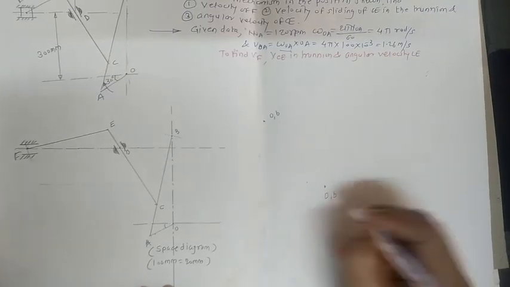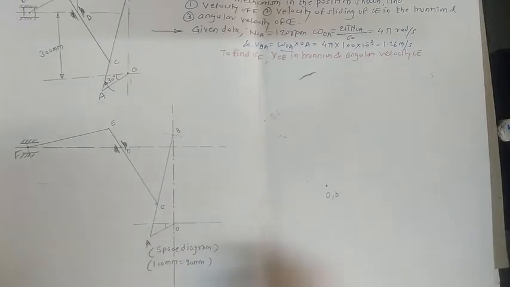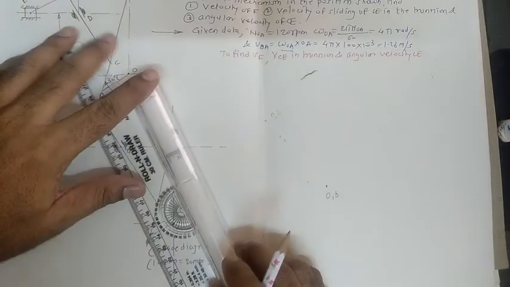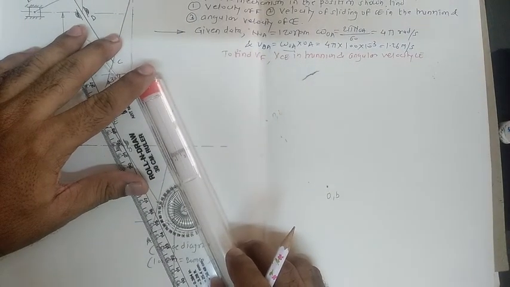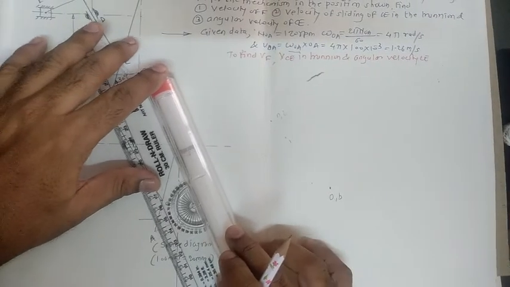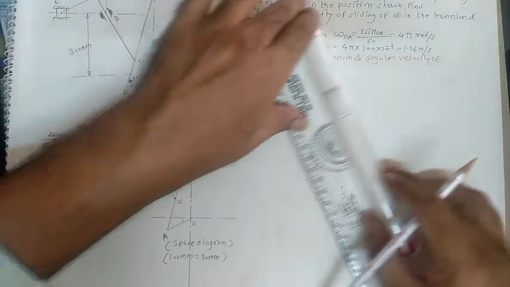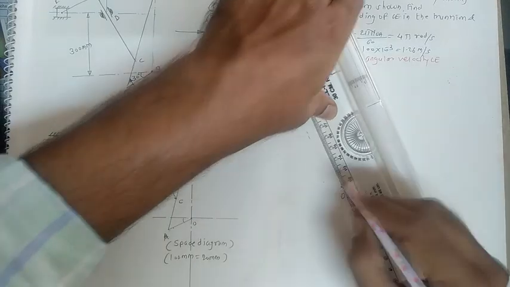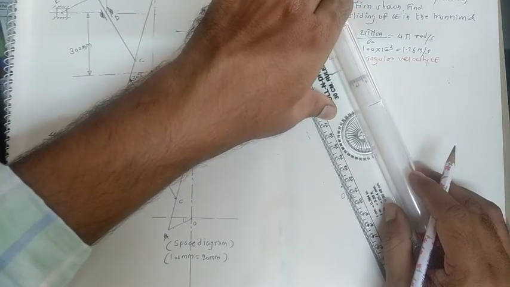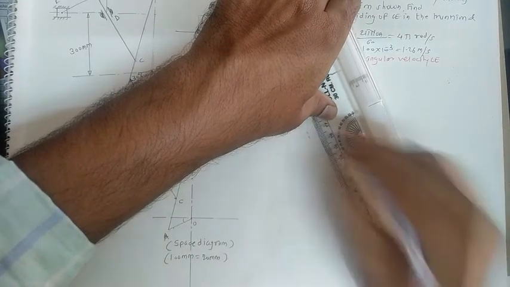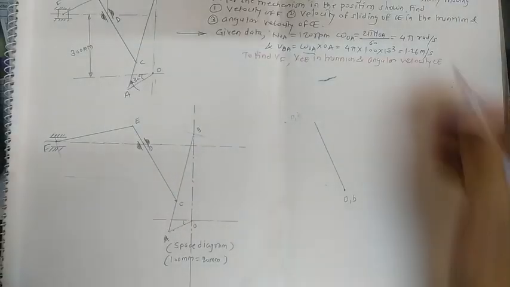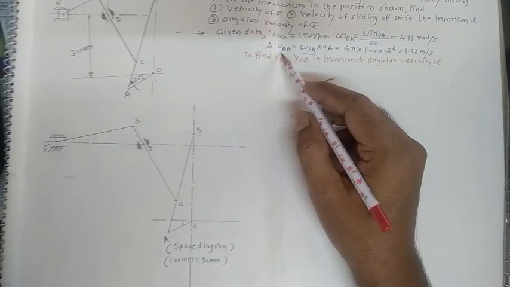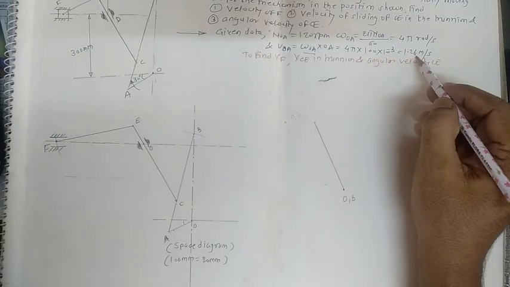Now once this OB is located by us, you have to draw the component of the OA link perpendicular to this length. What's about the length for the same? The calculation was already done by us earlier, so you have to use those calculations. The length for this link OA is 1.26.